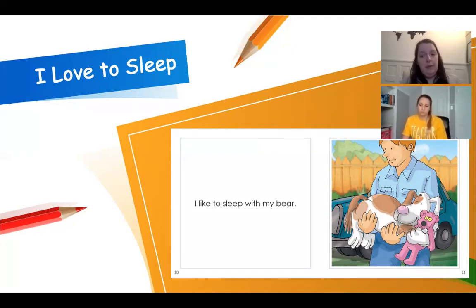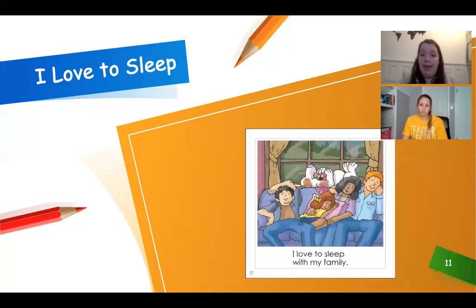Oh, our last picture. So this one, I see the family again, and it looks like they're on the couch and they're somewhere. I see the window. I think they're inside their house.